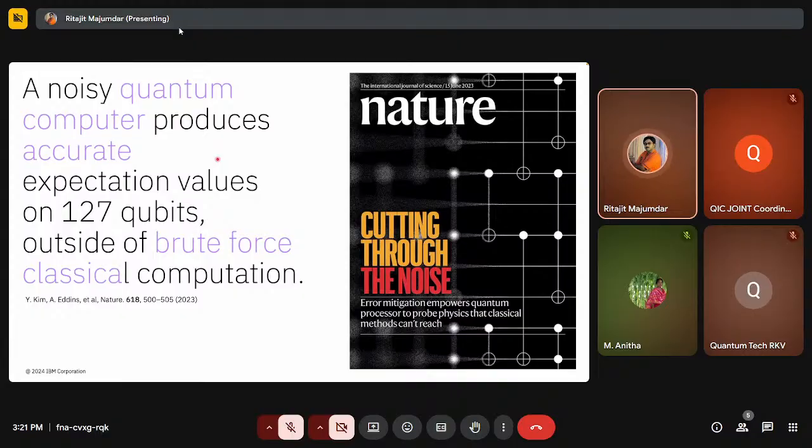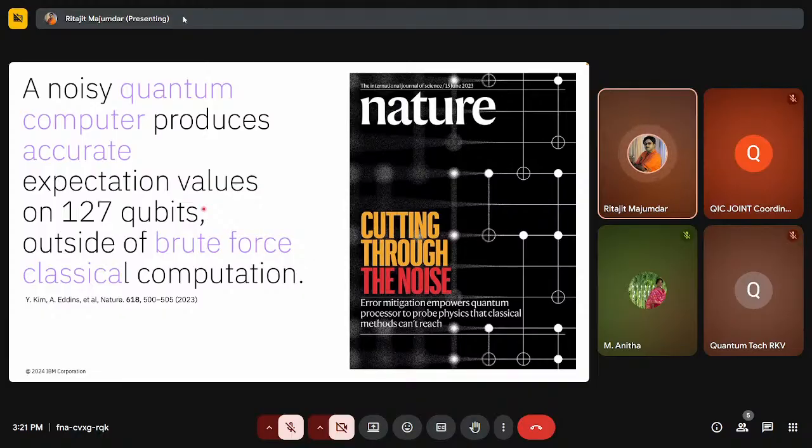Now see the point: I'm saying 32 qubits on your own laptop or desktop. Today, using HPCs, you can go up to 50, and here quantum computers are producing accurate expectation values. So at this range, you cannot go with the classical approach, right?